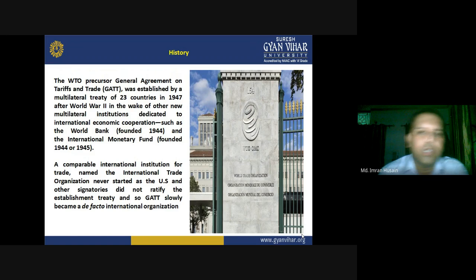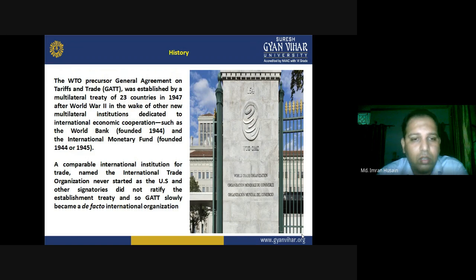So these are the three bodies that were formed simultaneously in order to help the condition of many countries that were recovering from the Second World War and the damage caused by it. A comparable international institution for trade, named the International Trade Organization, never started as the US and other signatories did not ratify the establishment treaty, so GATT slowly became a de facto international organization.